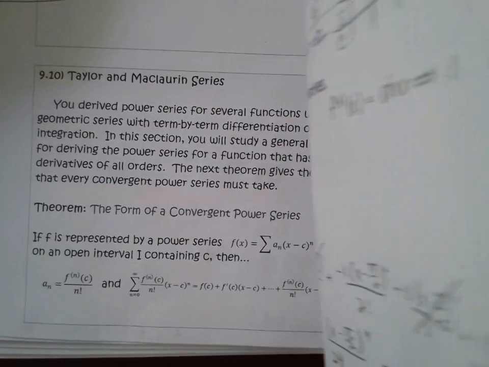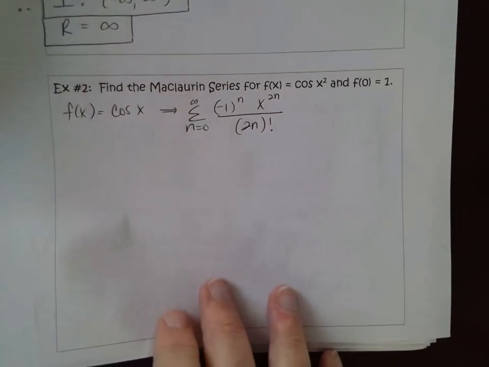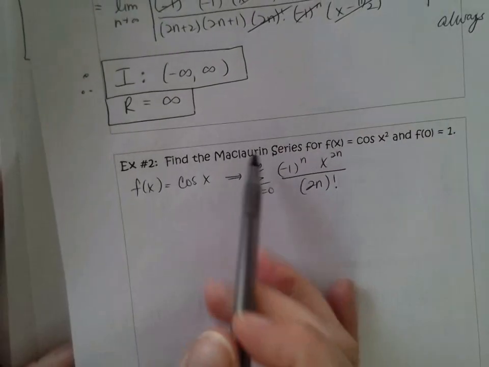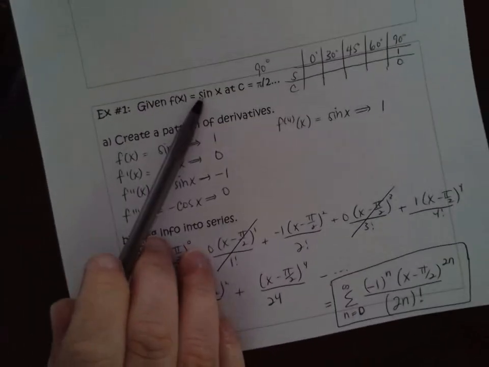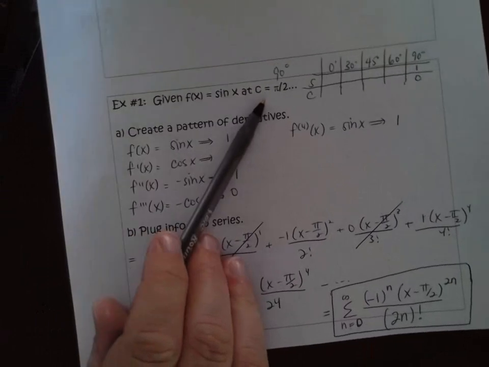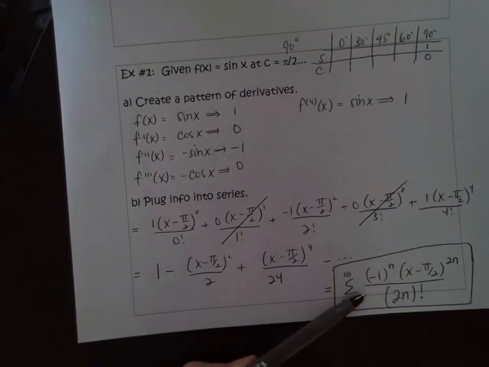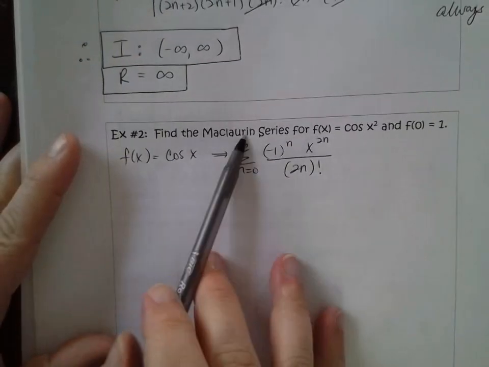Okay. So just to keep you up with where my brain was, I thought this looks a lot like what we just did over here, right? We just did sine at 90 degrees and we came up with that formula. So why would sine of 90 degrees look like a formula we did a while ago for cosine at 0?